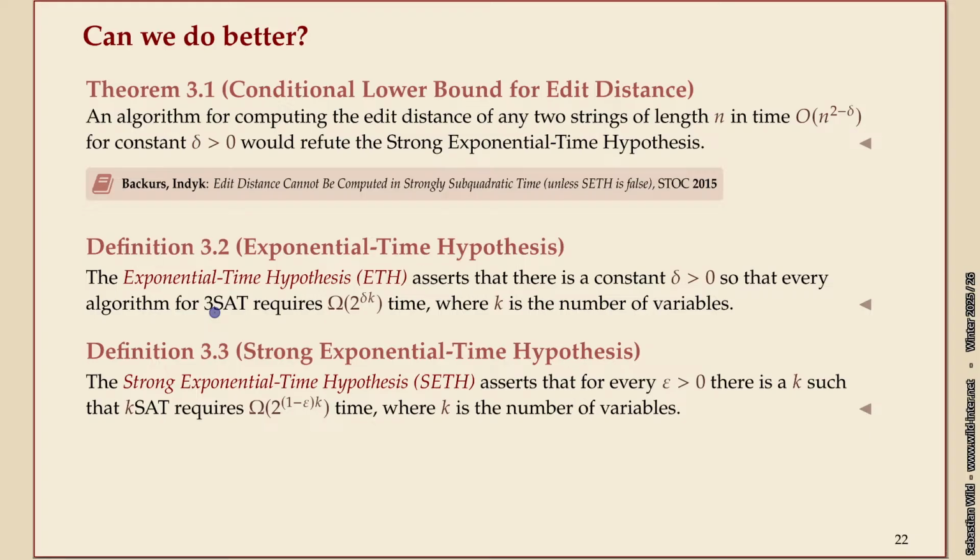And then it says, whenever you pick some epsilon by which you want to improve the exponential base, there is a size for the clauses where you'll fail, where the k-SAT problem needs at least, well, the stated bound. You can't reduce the exponential base arbitrarily much if you're willing to look into larger and larger clauses.